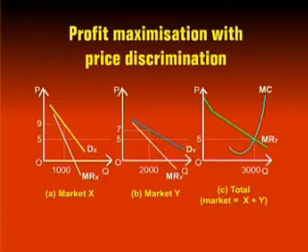This marginal revenue curve is found by adding the amount sold in the two markets at each level of marginal revenue. In other words, the horizontal addition of the two marginal revenue curves.